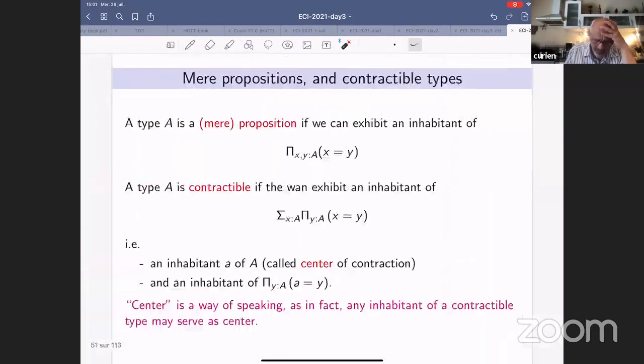Anyway, I will go slowly. Okay, so proposition. A type is called a proposition if you can find an inhabitant in the following type, which says that for all x, y in A, x is equal to y.